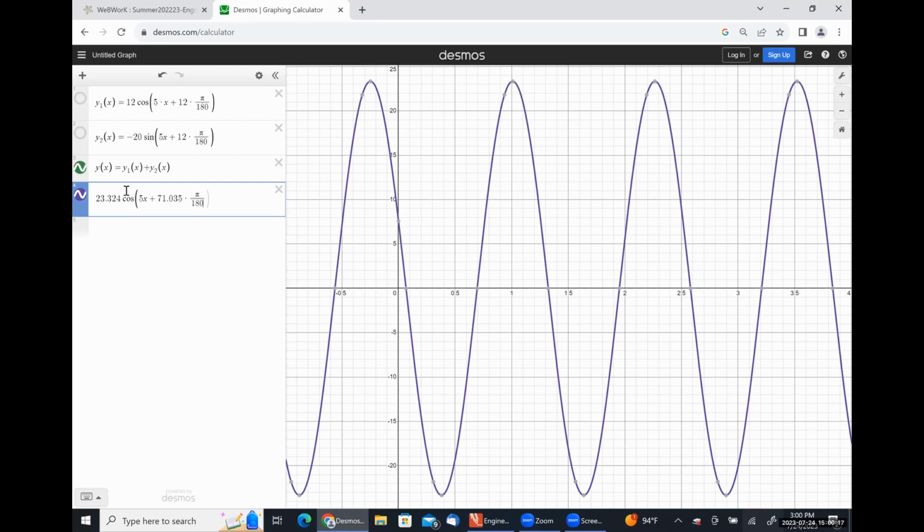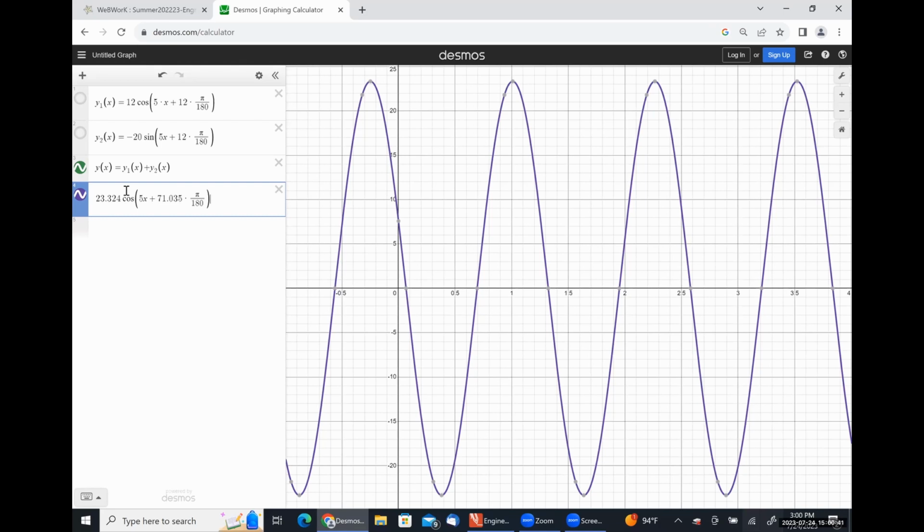The purple curve here, which is our solution, completely overlaps the green curve, which means we've done all this correctly. We have effectively figured out how to express the voltage drop across our current source as a single sinusoidal function.